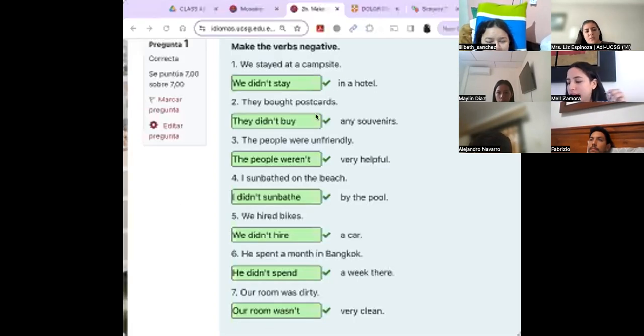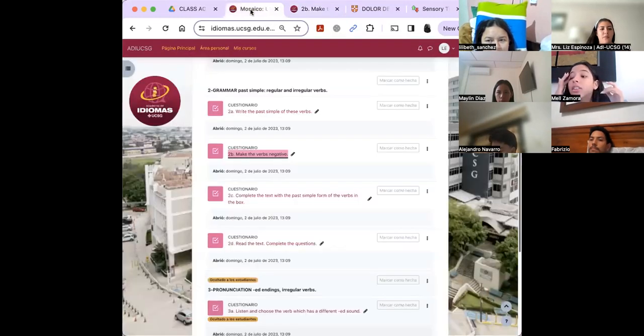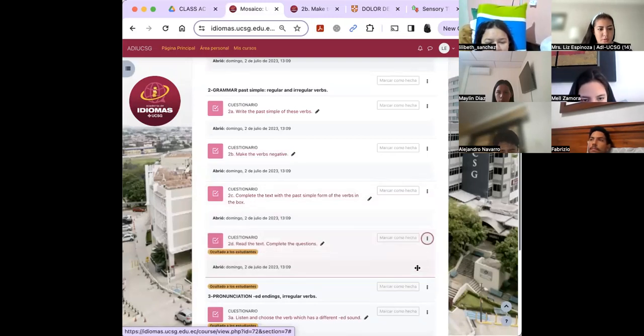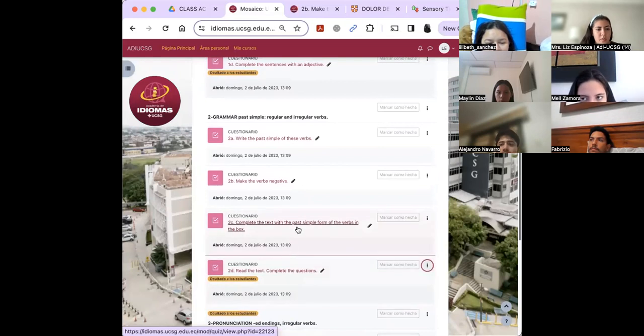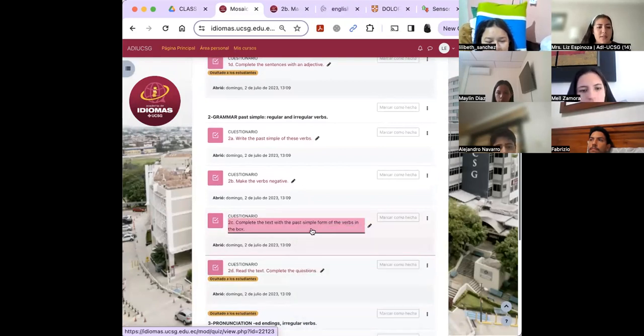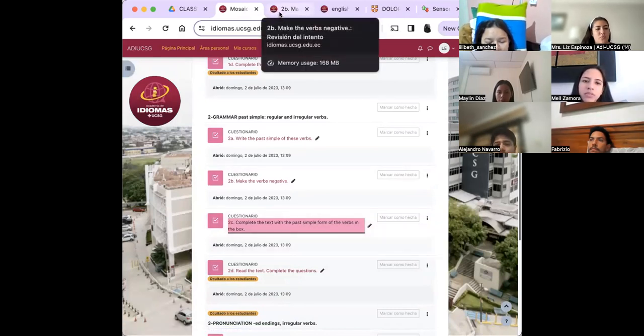Okay, so let's do the last activity of grammar. I mean, the last one of today. I'm gonna hide this one too. It says complete the text with the past simple form of the verb in the box. 2C.